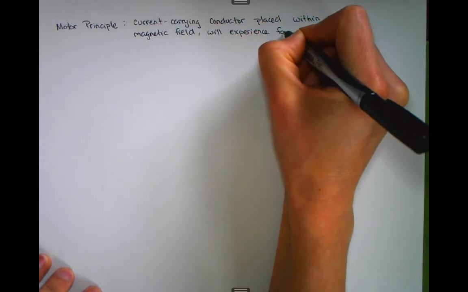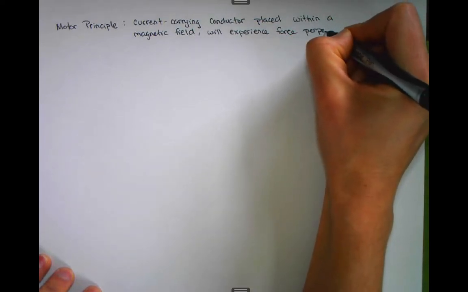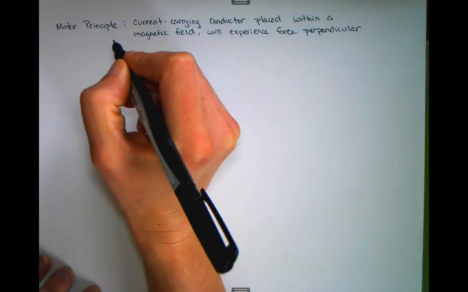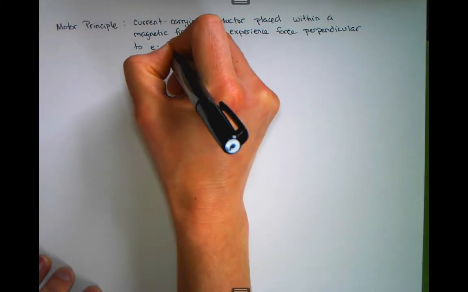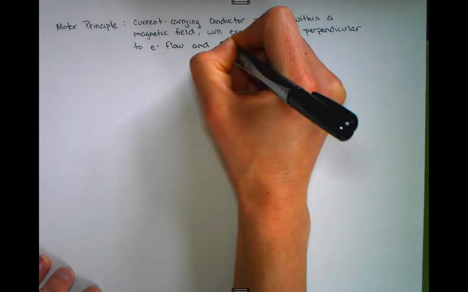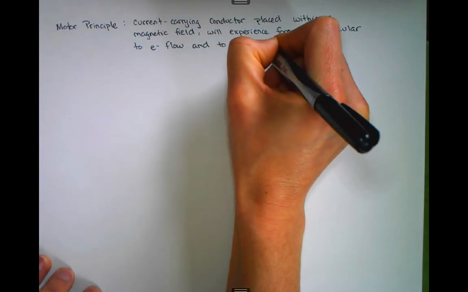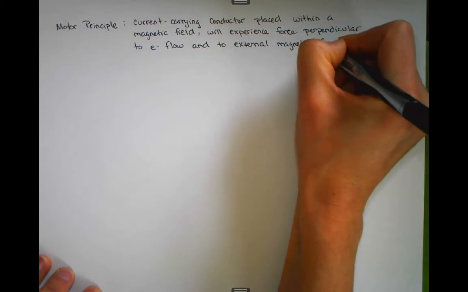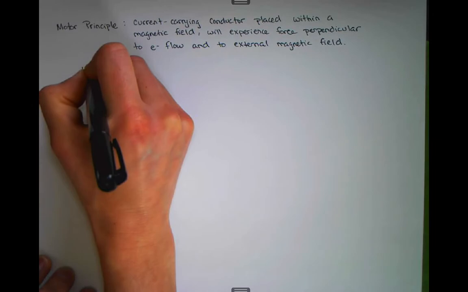So it's going to experience a force that is perpendicular to the electron flow and to the external magnetic field. Okay. And this is where left-hand rule number 3 comes into play.